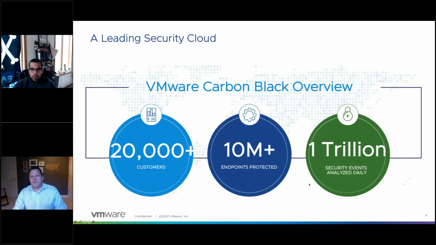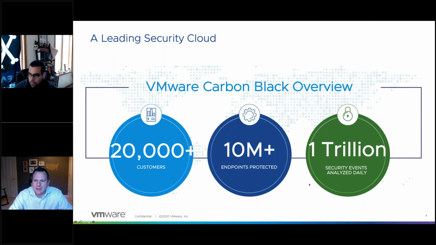So just a quick overview of Carbon Black. The core thing that powers Carbon Black Cloud at the end of the day is a true multi-tenant next generation security cloud. Security has been moving more and more to cloud delivered frameworks. We'll talk about some of the benefits of doing that in a little bit as we walk through the presentation.